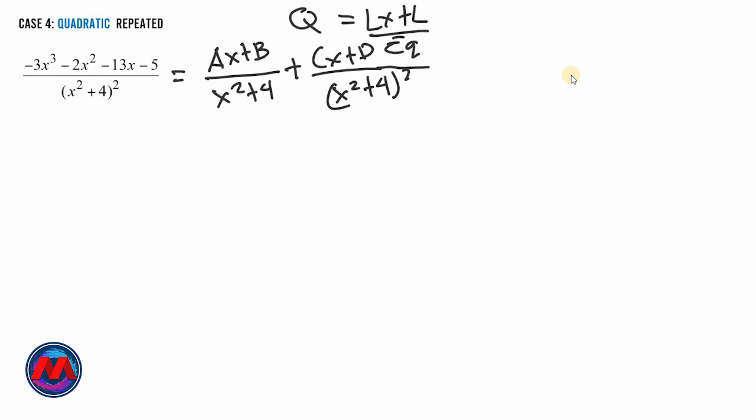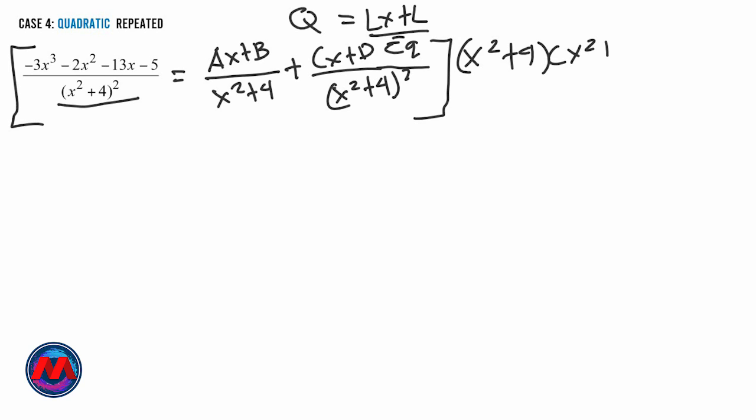Let's presume na hanggang squared lang muna tayo. Okay. Second step, palagi natin ginagawa. I-multiply natin dito yung LCD natin. Ito po yung LCD natin para ma-eliminate natin yung denominator at mas madali nating mahanap yung A, B, C at D. So, that's x squared plus 4 and x squared plus 4.